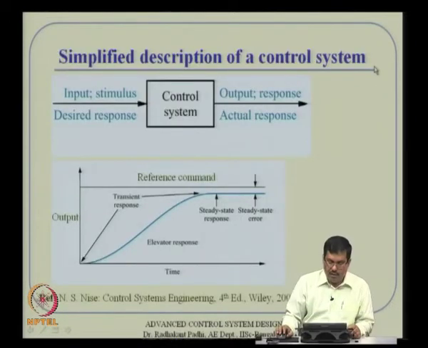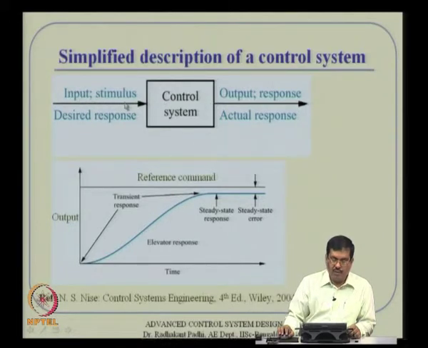Next, we will have a simplified description of a control system. All of us probably know that we can visualize this as a block diagram, and in this block there are inputs which are essentially stimulus, and inputs can be both control input as well as noise input. Then there is the desired response, the performance output variables, how you want them to behave. You have to give that as an input to the system, then only the system will know what you really want to do.